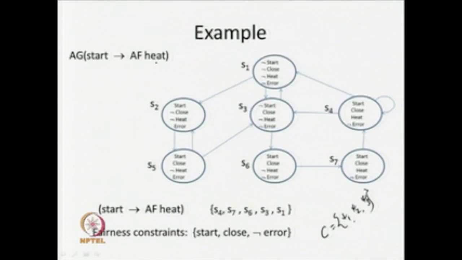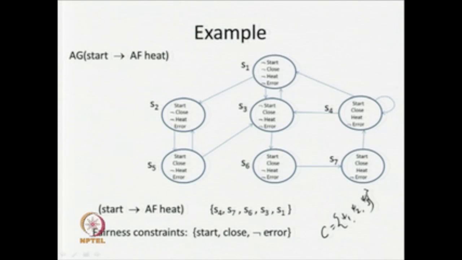We have already seen the marking of start implies AF heat, and we know that these are the states where start implies AF heat is true: S4, S7, S6, S3 and S1. Along with that we are giving this fairness constraint: start, close and not of error.